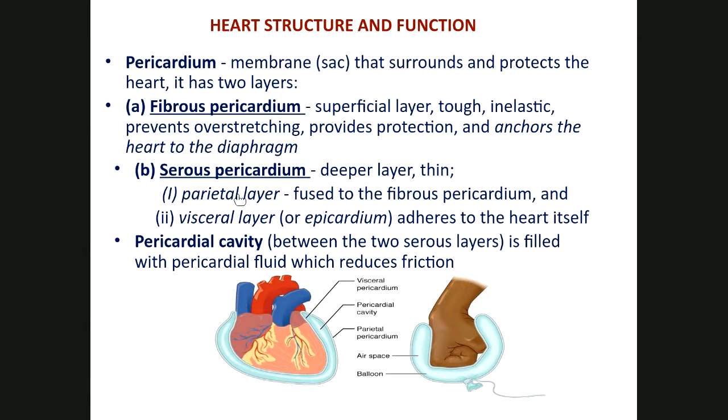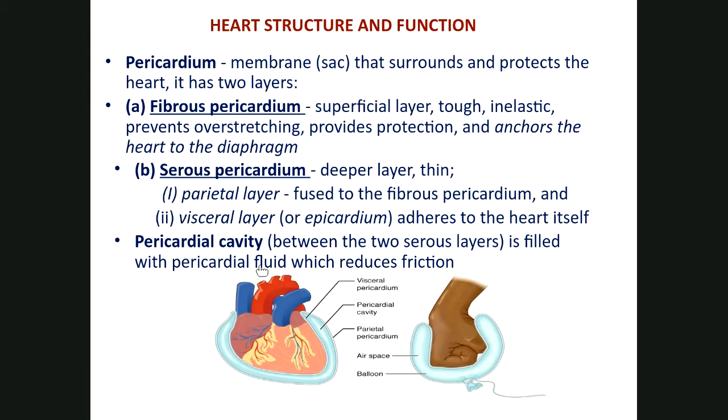One is called the parietal layer, which fuses to the fibrous pericardium, and the other is called the visceral layer. Viscera means it sits right on top of the heart. Another name for the visceral layer is the epicardium. The pericardial cavity is the region that exists between the visceral layer and the outer parietal layer.